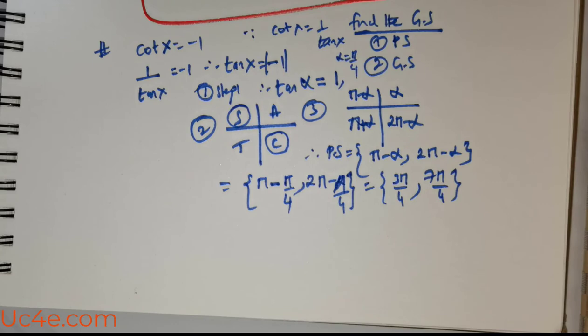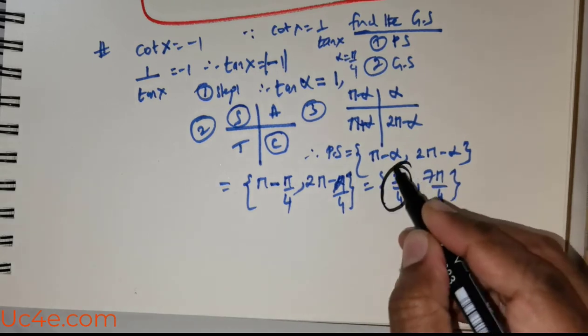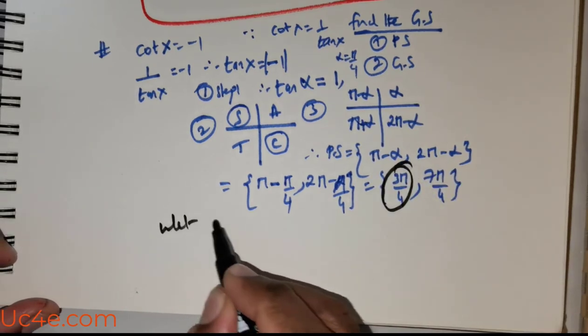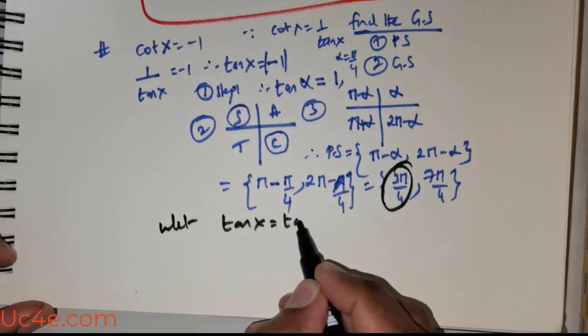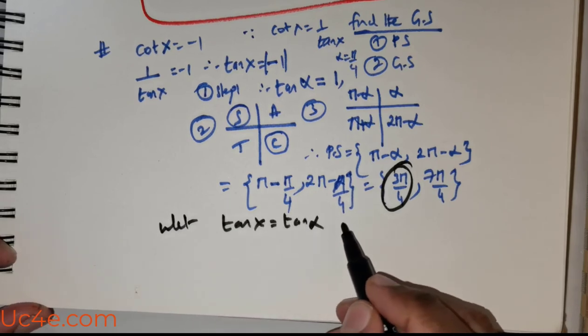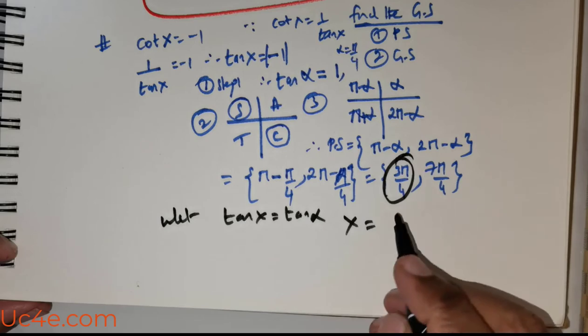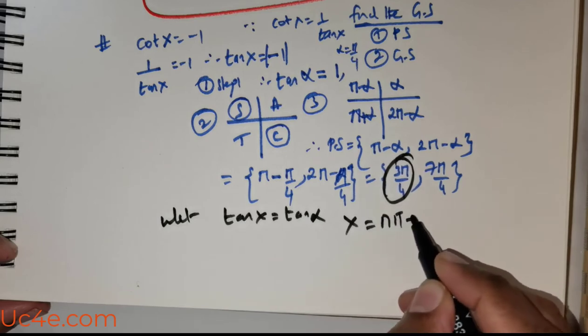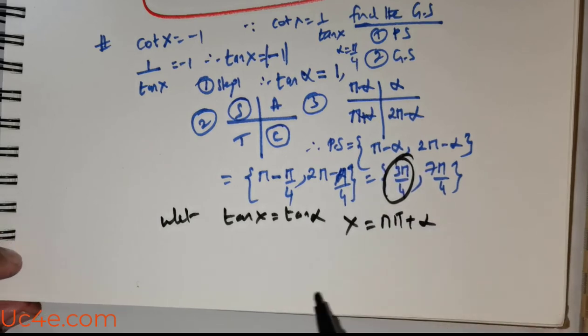So what I will do is I will take 3 pi over 4. Now we know that when tan x is equal to tan alpha, x is equal to n pi positive alpha. So this is the general solution.